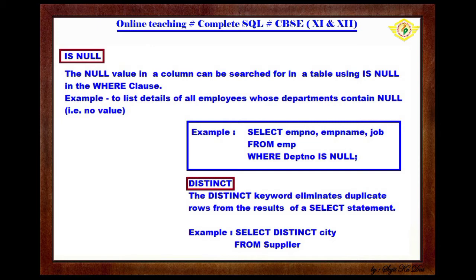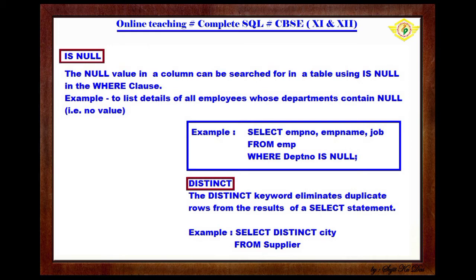Example: to list details of all employees whose department contains a null value, we can write the command this way: select EMP number, EMP name, job from EMP where department number is null. It means if the department number is empty or null, in that case EMP number, EMP name and job will be displayed in front of you.